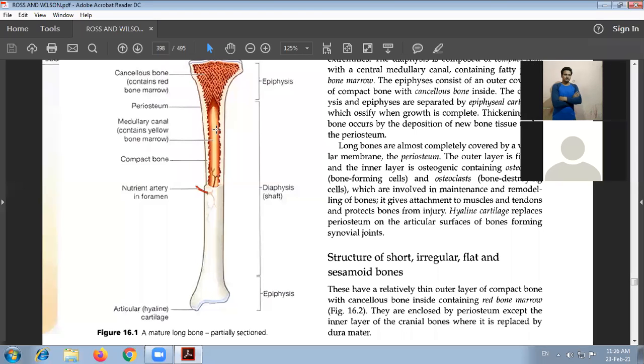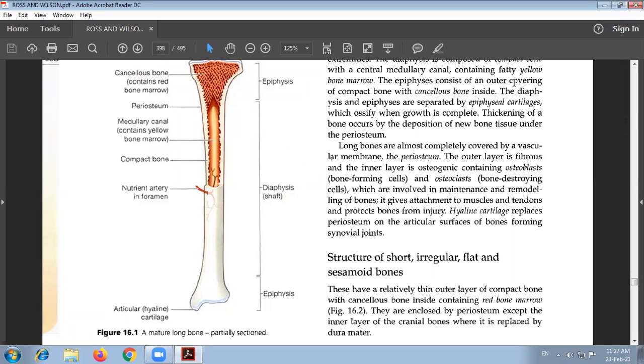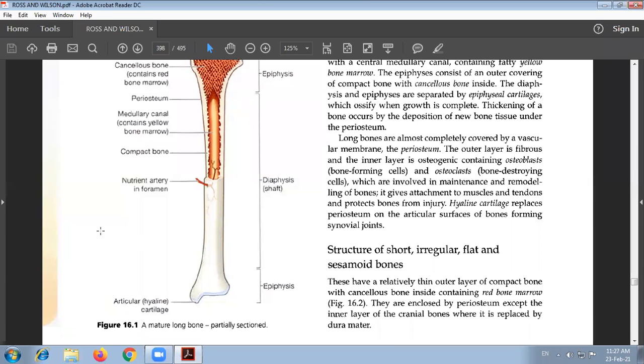Internally, it has a medullary canal which contains the yellow bone marrow, and at the epiphysis end, they have the red bone marrow. Bone has both yellow and red bone marrow, which are very important for the production of various cells in our body, the blood cells which are generated in this bone marrow.